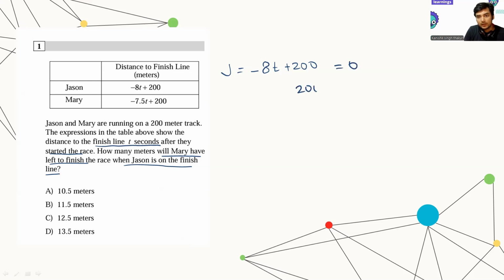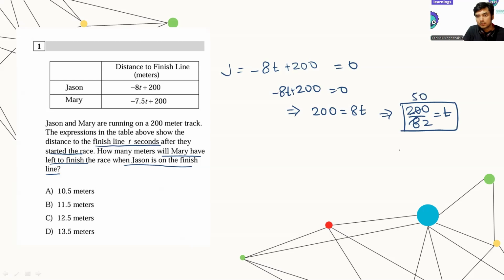So 200 minus 8t is equal to 0. So t you will get as 25, right? T you will get as 25.